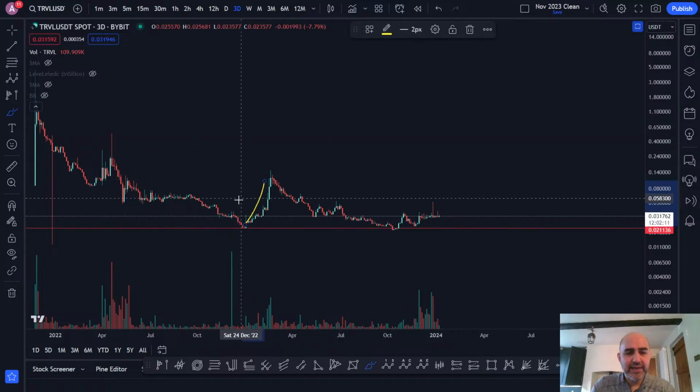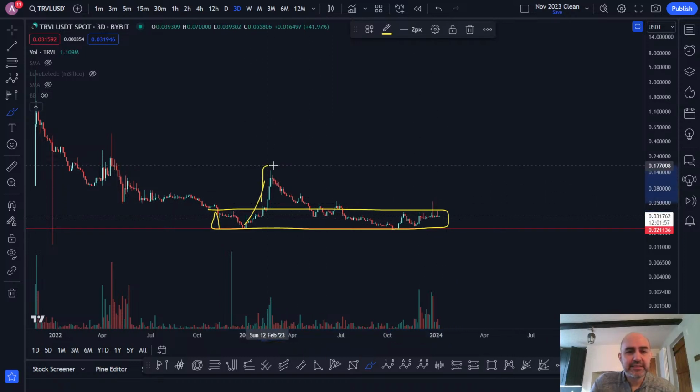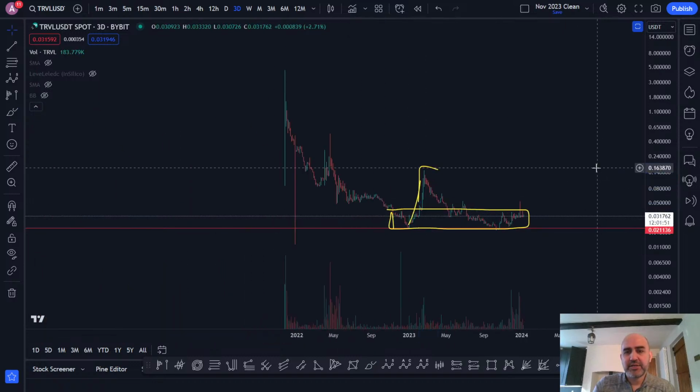This is like a relief rally, but the range actually began here, you know, so we've been in this lower range since this period here. Yeah, and so right now we're just still in the range. This is like a deviation from the range, but we're in the range, and that's a long consolidation period.